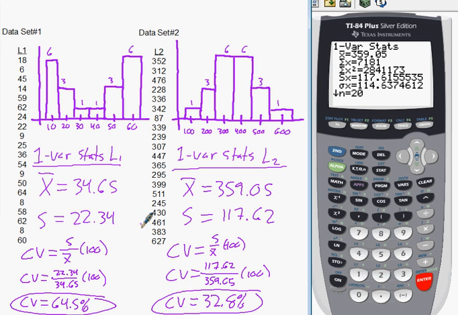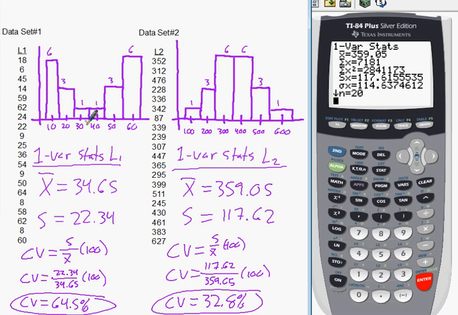If you were just given those two numbers, you might conclude that data set 2 has the greater degree of variation because it's got the higher measure of variation. But you can see down here that in fact the coefficient of variation for dataset 2 is half of what it is for data set 1, which is a better description.